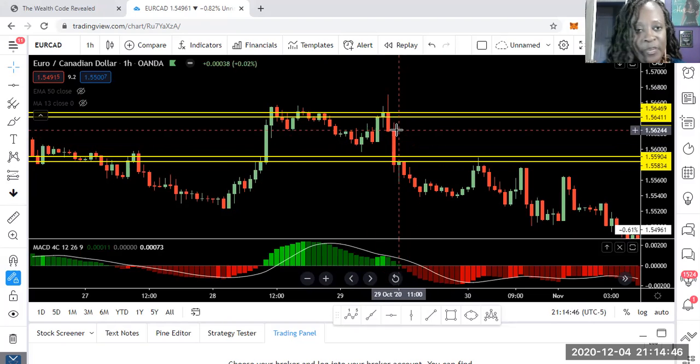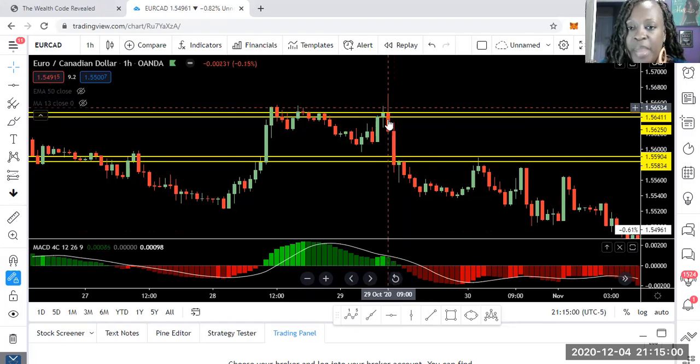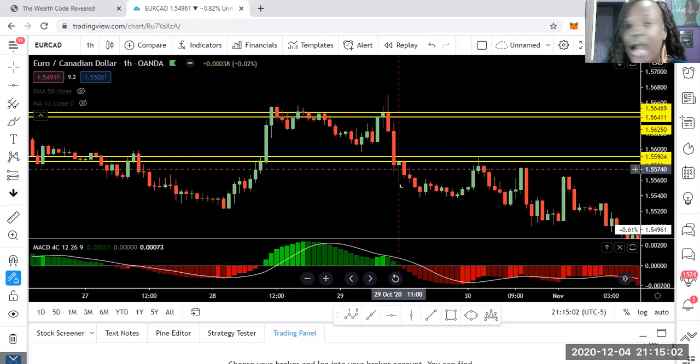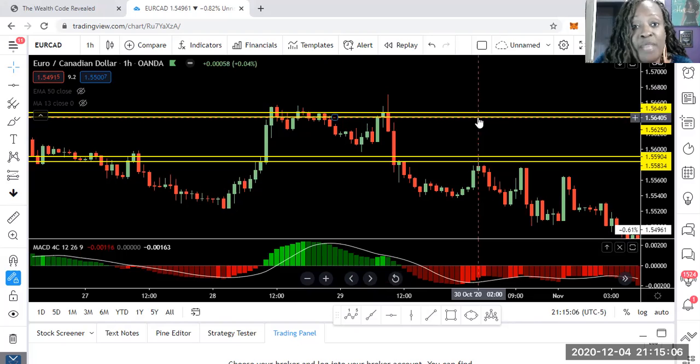But here's the thing, and this is where patience comes into play, because we can't force the market. We can only trap it. And what I mean by that is we've identified this bearish engulfing candle. I would like for it to pretty much rally back up in there relatively soon, get my pips and go.